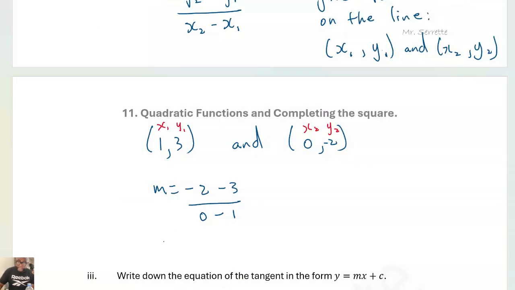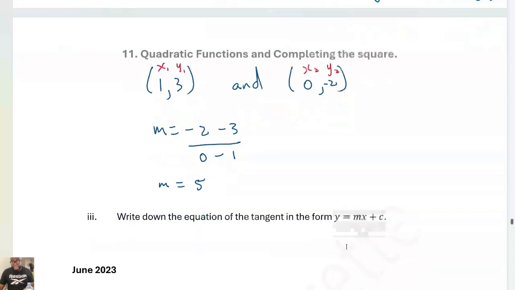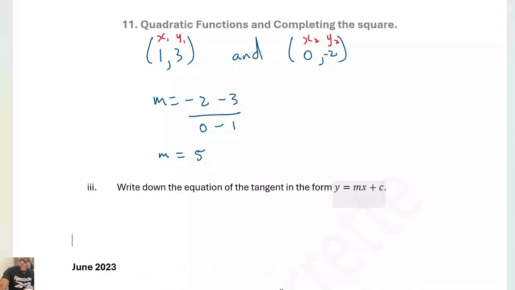Remember, gradient is represented by comma m. So m, which is my gradient, will be equal to 5, because it will be -5 over -1, which will give me +5. Everybody good here?